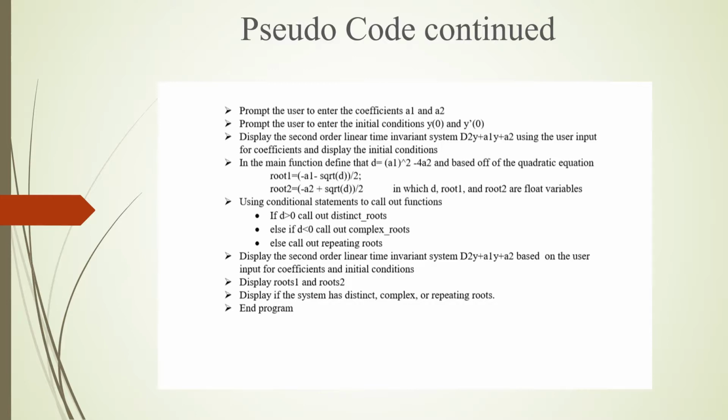Then I want the code to display the second order linear time invariant system based on the user inputs for the coefficients and initial conditions, display roots 1 and 2, display if the system is distinct, complex, or has repeating roots, and then end the program.